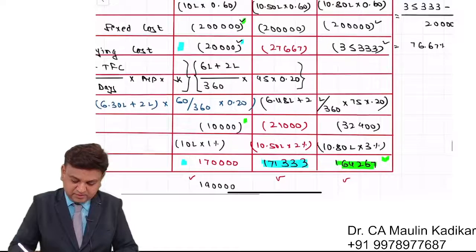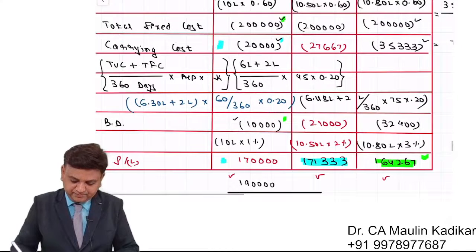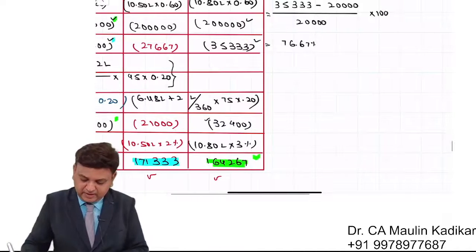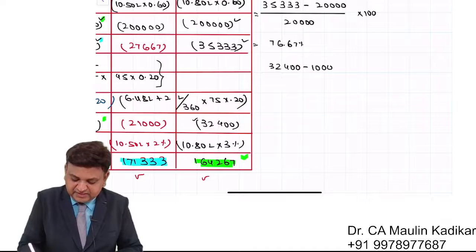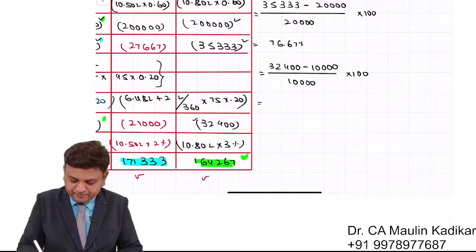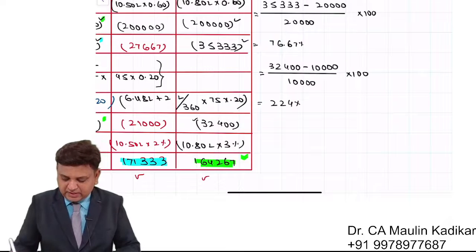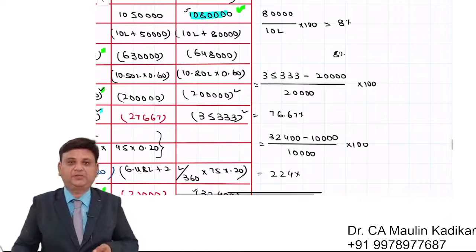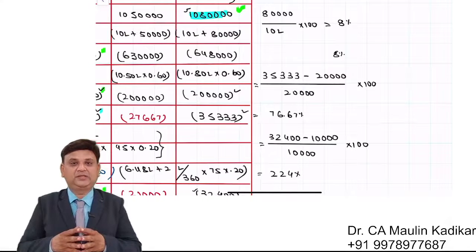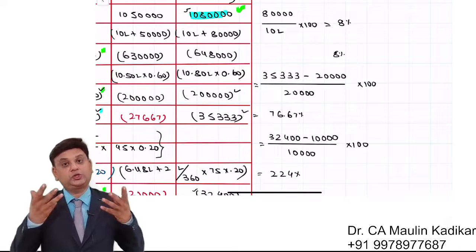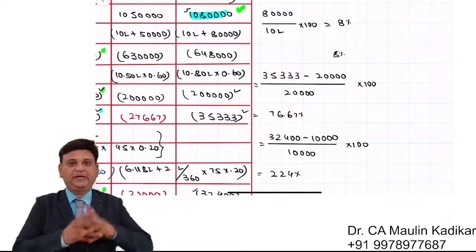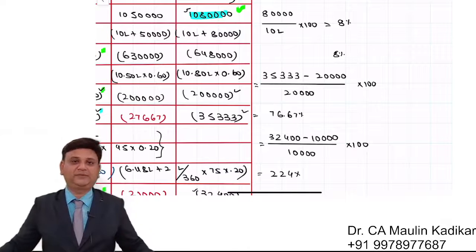Bad debts, which was 10,000, has increased to 32,400. So 32,400 minus 10,000 divided by 10,000 into 100. It increases by 224%. Now you just imagine, sales increases by 8%. Carrying cost increases by 76.67%. Bad debts increases by 224%.